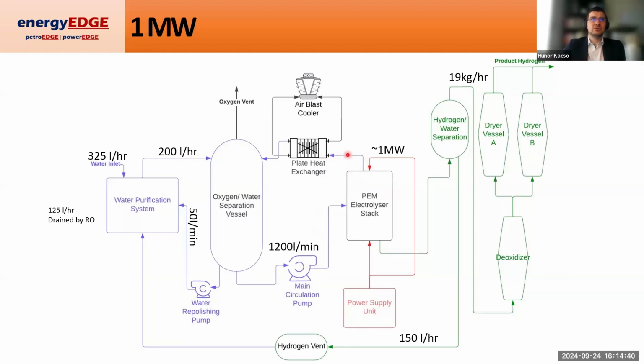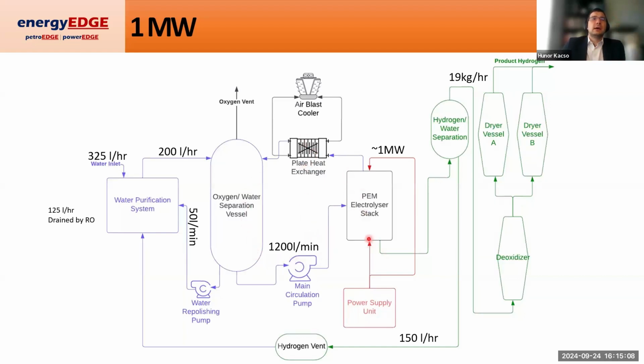Of course, we'll have some oxygen in the water as well, and we'll talk about how much oxygen we'll have later. But the water coming out of the stack will pass through a plate heat exchanger typically, and the water will get cooled down. Then it will go into the oxygen water separation vessel, and then the cycle will just repeat over and over again.